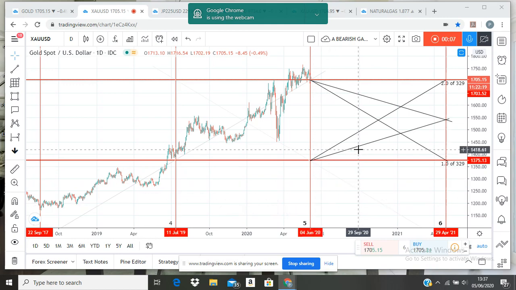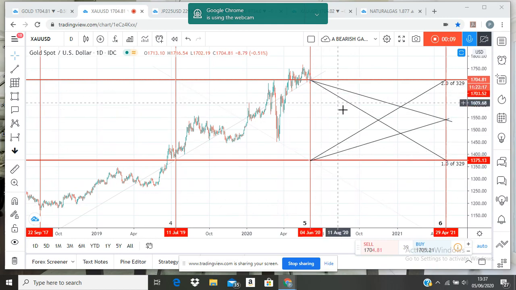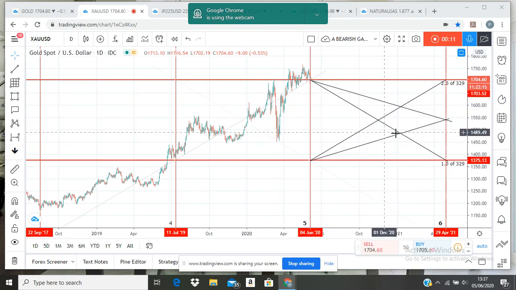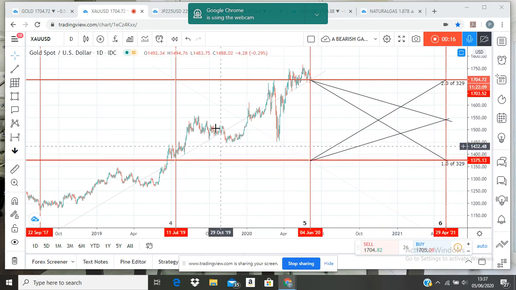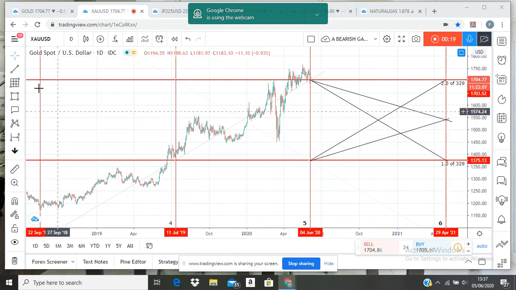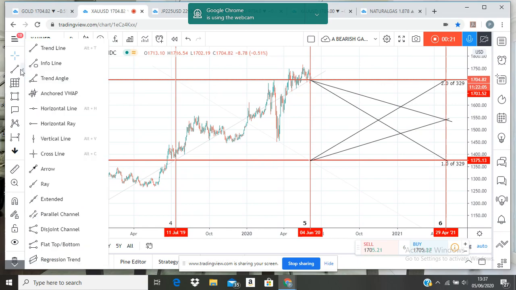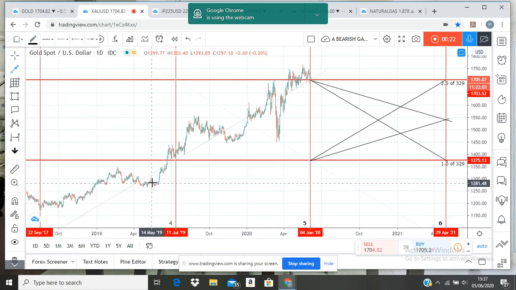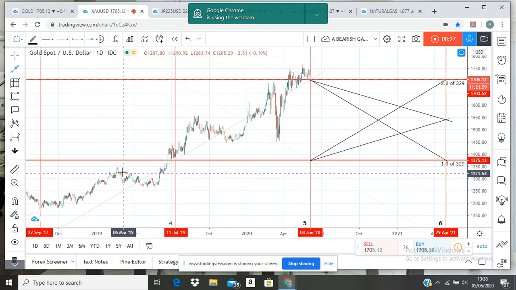And yesterday we talked about how to draw these angles in this square, and then we said today we are going to talk about how we can use the corrections here to help us time the trends or the swings in the trend.